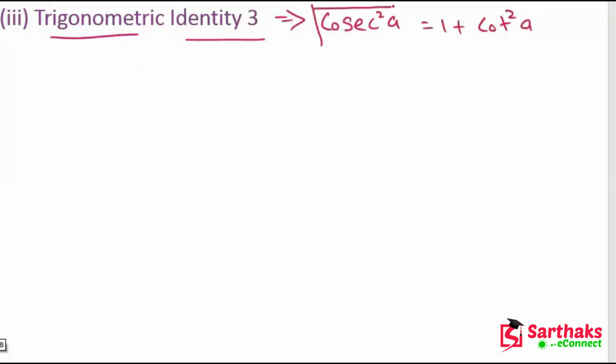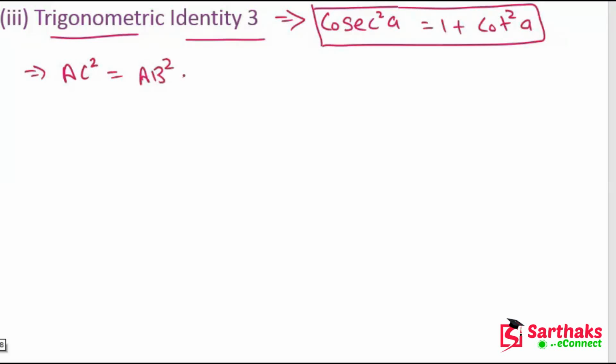Okay, so let's move on to the third trigonometric identity. So what is the third identity? We know that cosec square A is equal to 1 plus cot square A. Now we have to prove this. We have AC square is equal to AB square plus BC square.